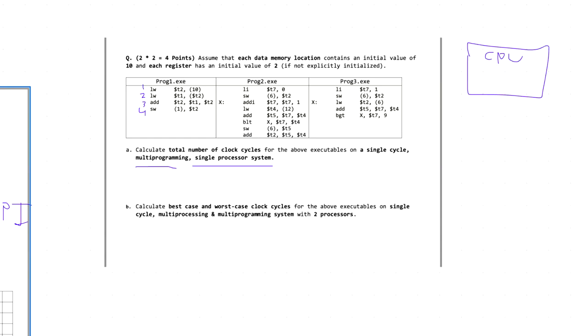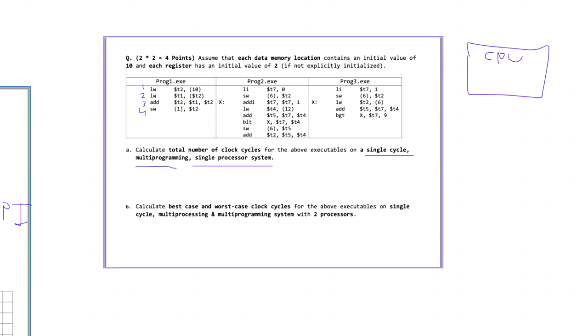But this is said to be single cycle, meaning I can't do fetch and decode and exec and mem and write back all at the same time. If that's the case, I'm going to have to do one instruction at a time. So that means I do instruction 1, 2, 3, 4.